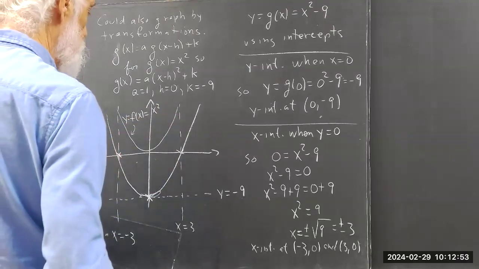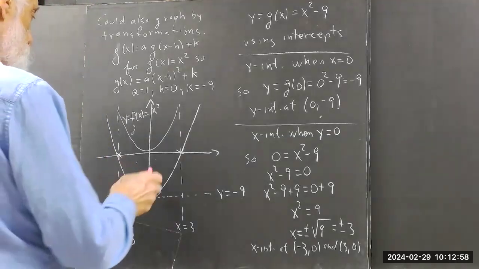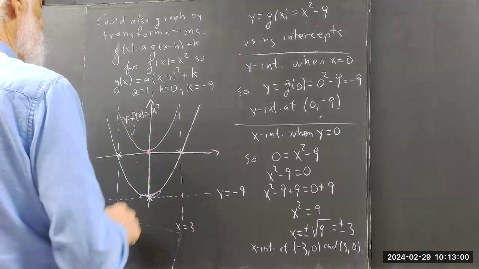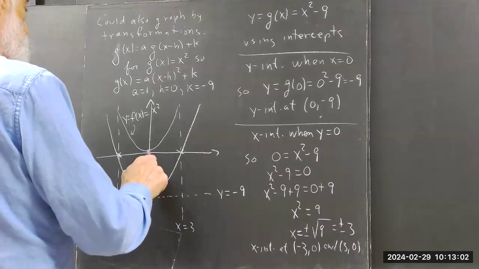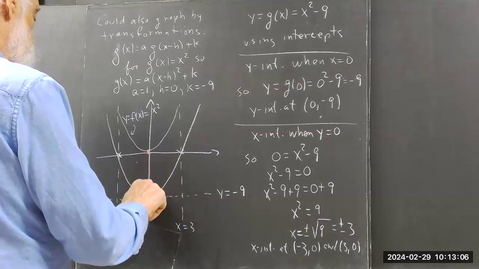Y equals x squared. We take the vertex and we simply move it down 9 units.